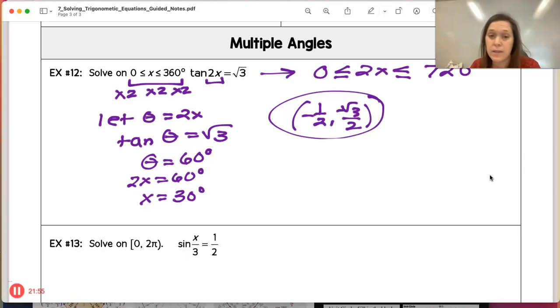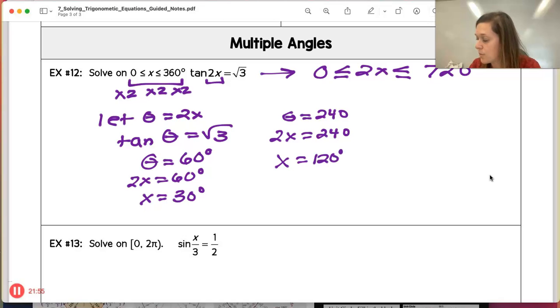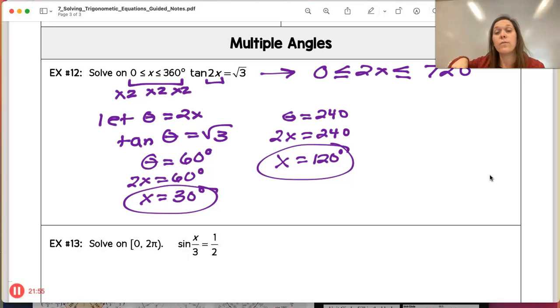And where is that on my unit circle? Well, that's down there at 240. I'm going to get rid of this so I can move over. So theta could also equal 240, which means 2x equals 240, which tells me x has to equal 120. So that's another option, 120 degrees. So those two represent one rotation.